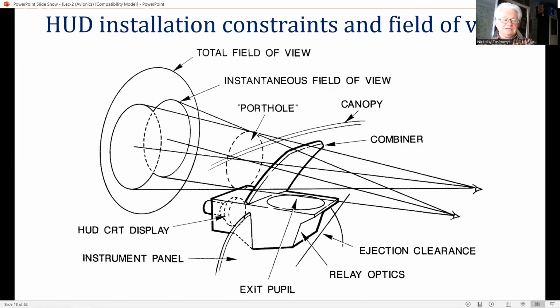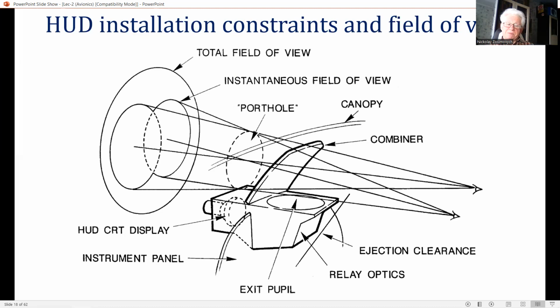The effect is like looking through and around a porthole formed by the virtual image of the collimating lens, as can be seen in this figure. The diagram shows the IFOV seen by both eyes cross-hatched, the IFOV seen by the left and right eyes respectively, and the TFOV.